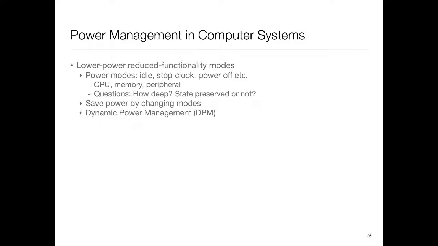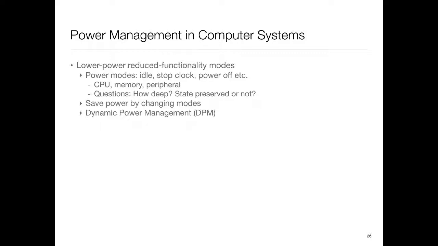One way power is managed is to provide for a given hardware multiple operating modes, which have different trade-offs between the power they consume and the functionality they provide. In a very simple case, it might simply be no function, 0 power, and all the functions, full power consumption. But most of these provide a lot more.